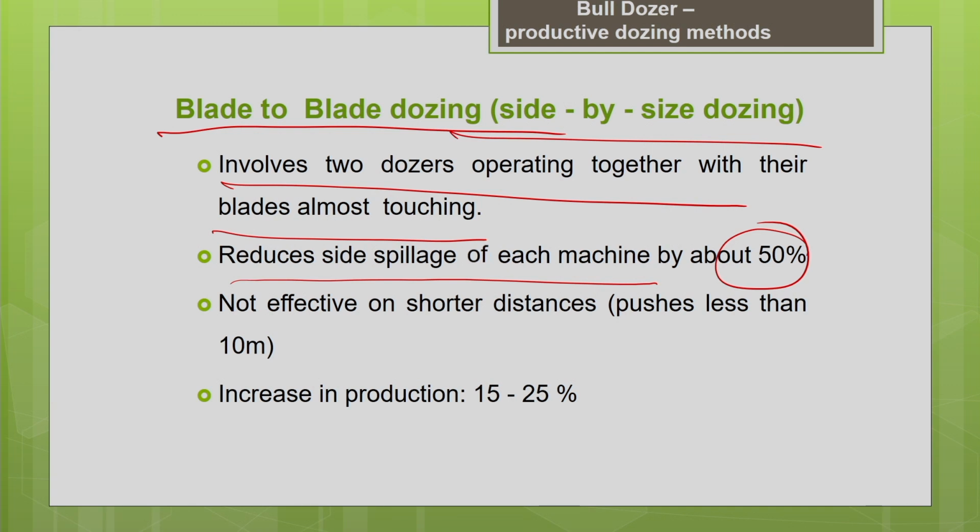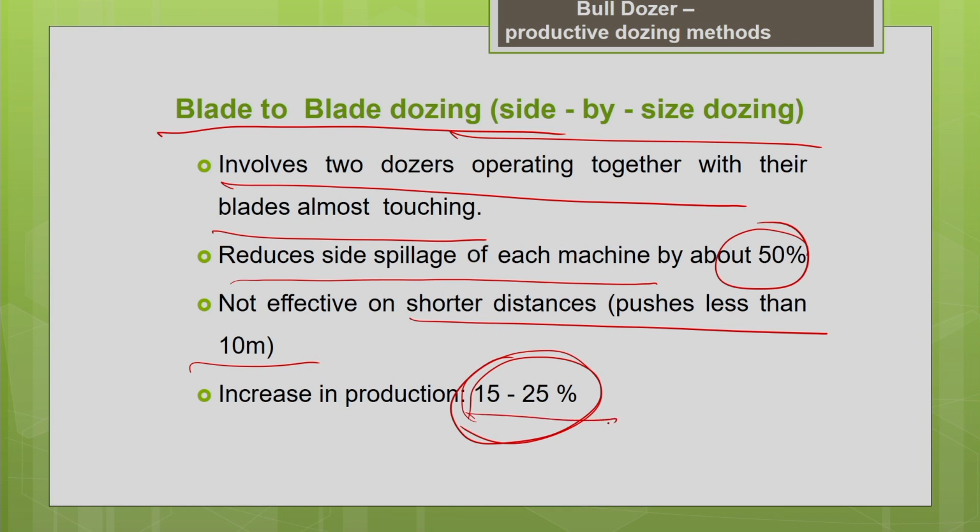That is why I cannot use it for a very short distance, say less than 10 meters. Because of the increase in maneuvering time, the effective increase in production will be about 15 to 25%. Though it reduces the end spillage to a certain extent, it increases the maneuvering time.